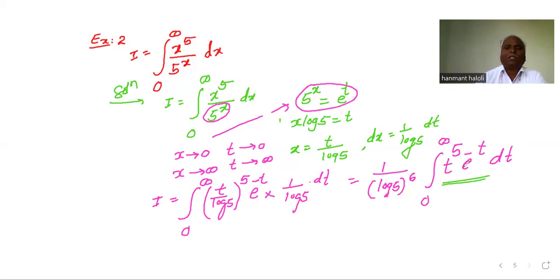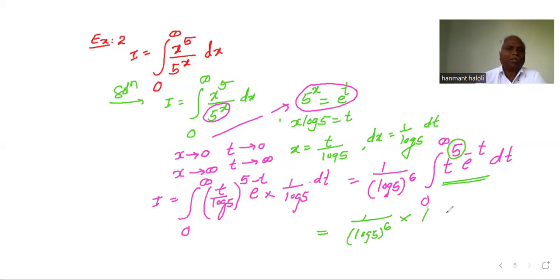This is the gamma function formula, e raised to minus x into x raised to n. Then this can be written as 1 upon log 5 raised to 6, keep as it is, into: the power of t increase by 1 and write it as a gamma function.